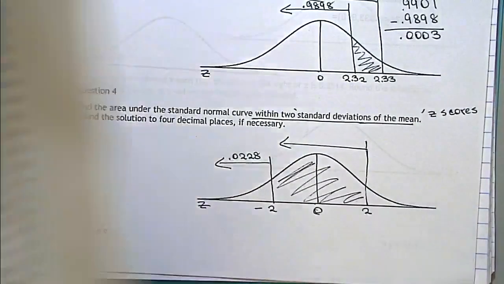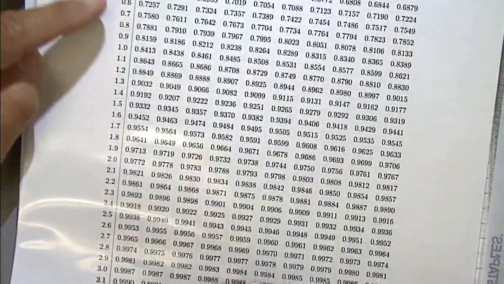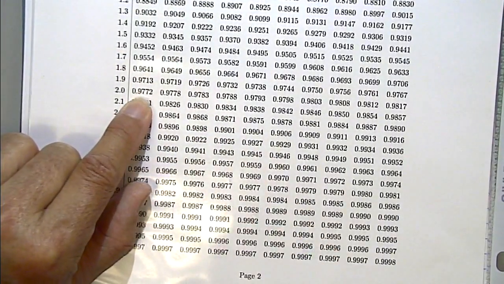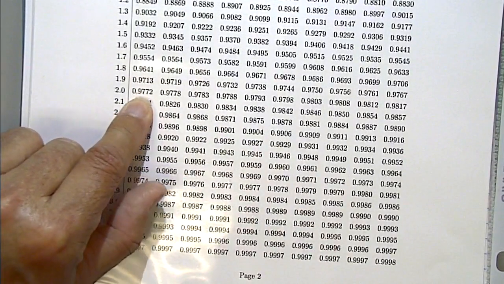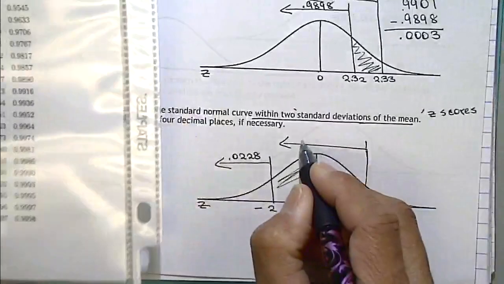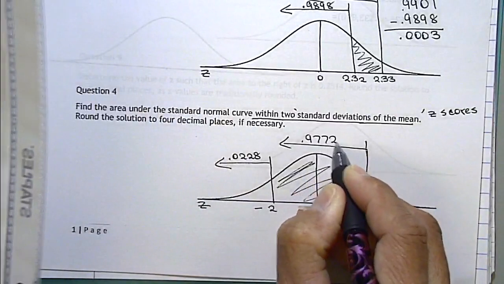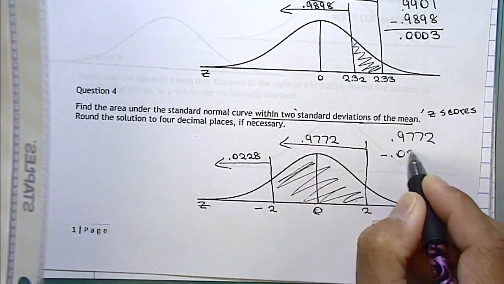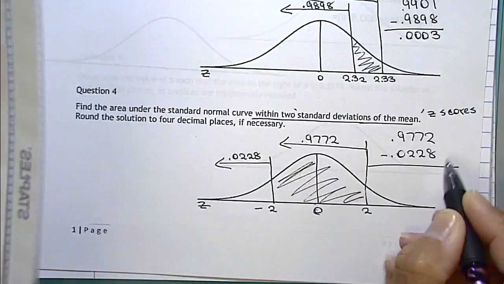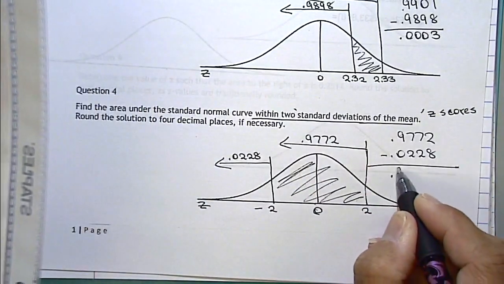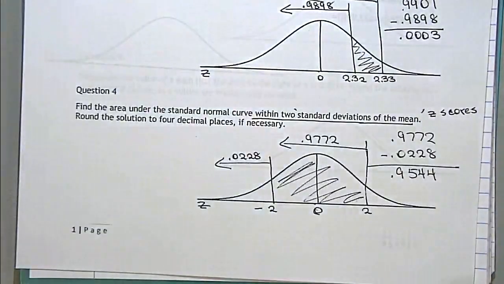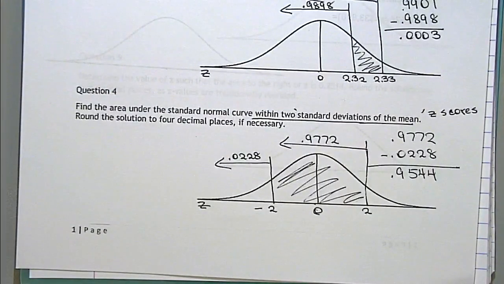And then I go to a +2, and 2.00 on the positive side is 0.9772, isn't it? So then you take them and subtract them. I'm doing the math for you, but I know you're capable of punching it into a calculator. You come up with 0.9544.